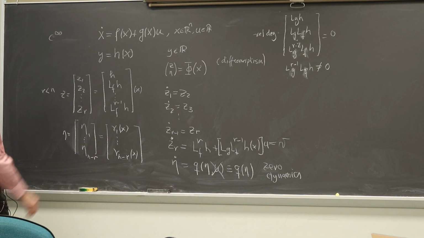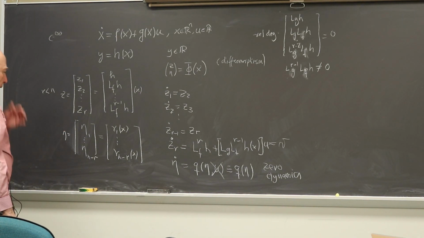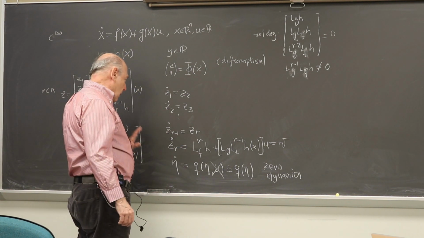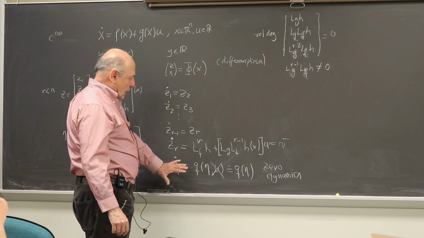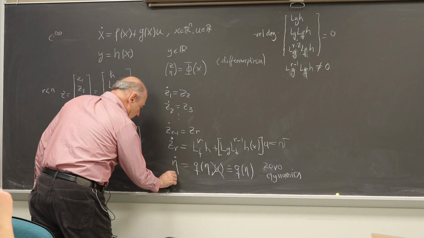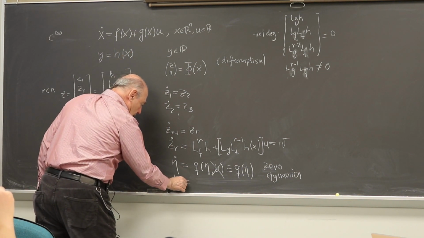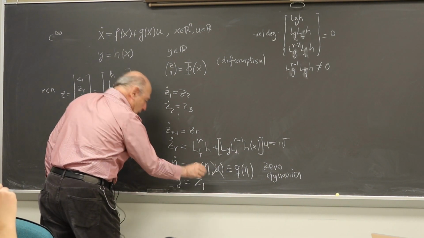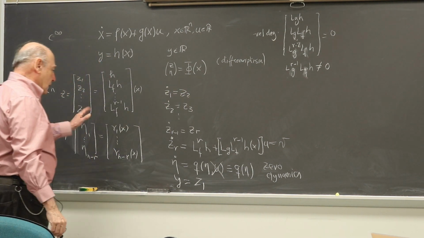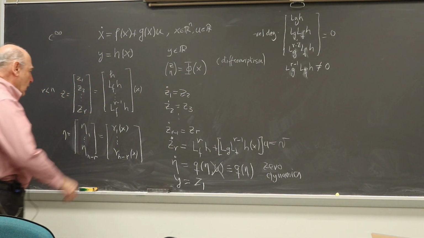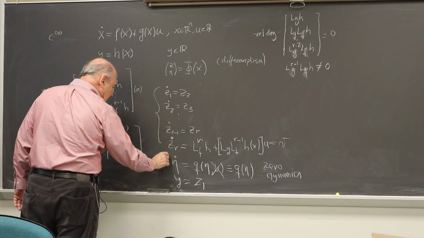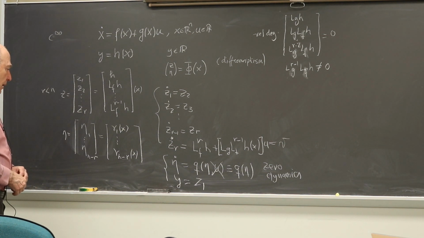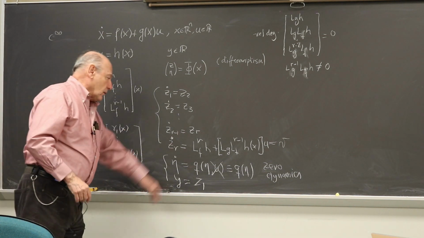So this is a structure, and given this output function, we can expect the existence of some r between 1 and n that satisfies, for the nonlinear system, this particular structure, and in fact the output will be just the first coordinate c1. So it's a very nice clean structure in which you have a linearizable part and a not necessarily linearizable part, which might or might not depend on the control input.